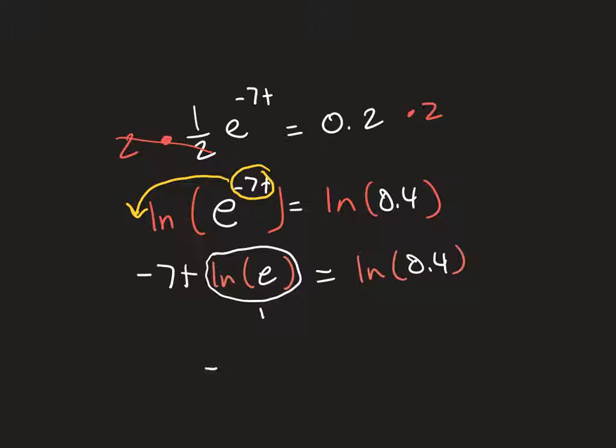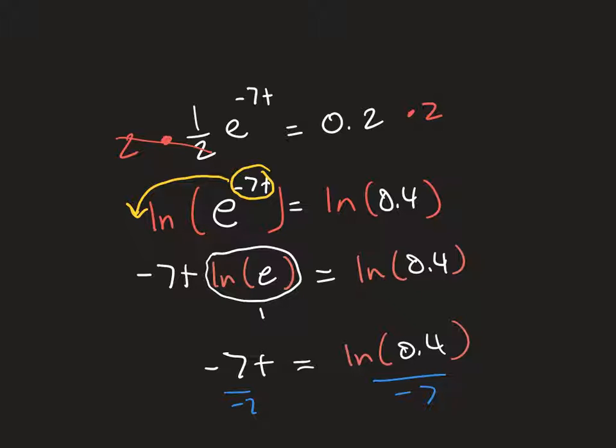So my equation becomes negative 7t equals the natural log of 0.4. And then to finish this off, we'll just divide by negative 7. And so t is going to be the natural log of 0.4 divided by negative 7.